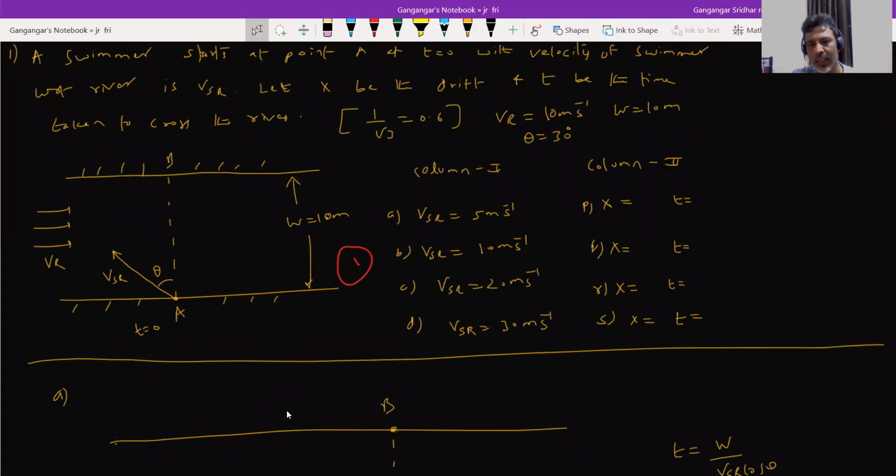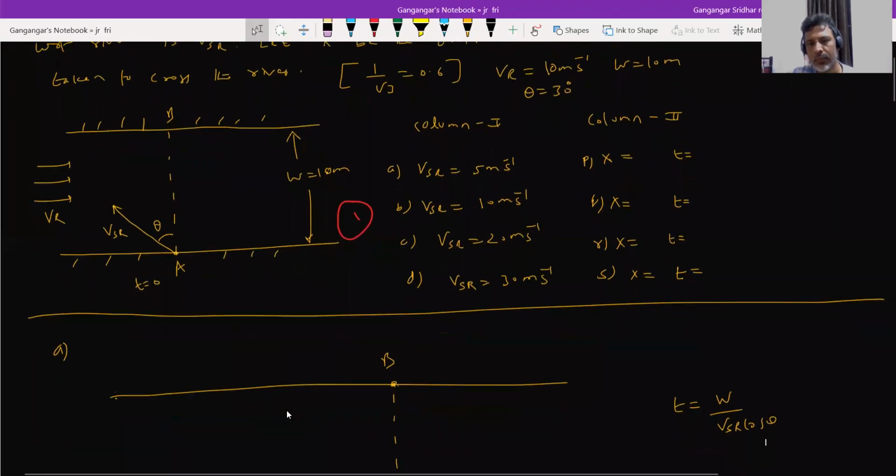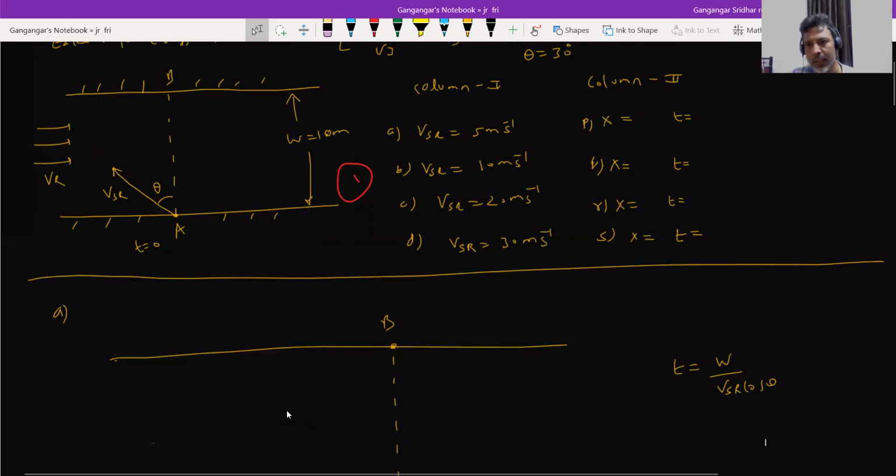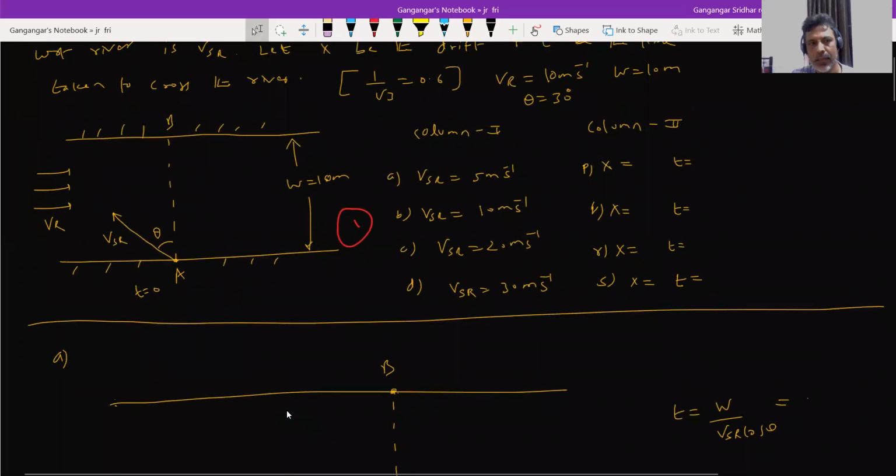VSR value is fine, VR, theta is 30. Let me keep the values. W is 10 meter. I'll write down all the values.